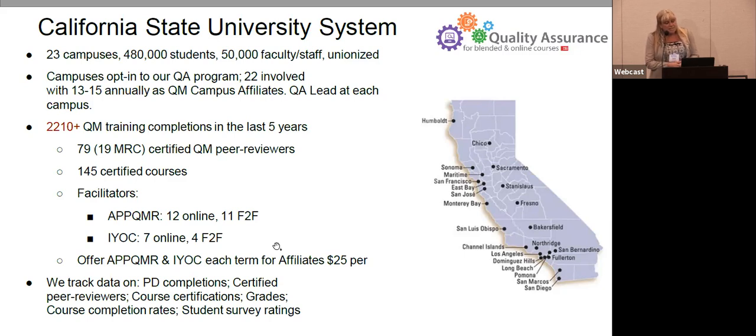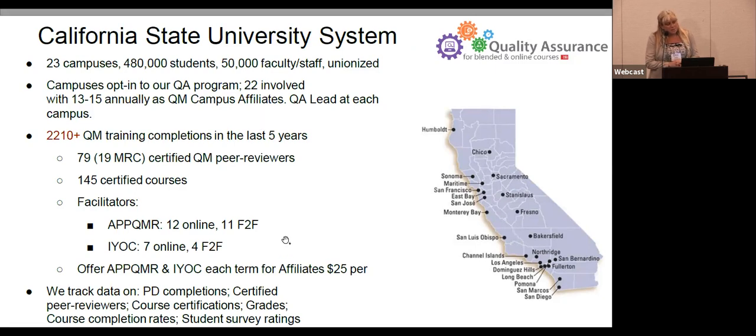As far as our quality assurance program, it really is an opt-in service. So campuses can opt in and participate as they like. Out of the 23 campuses, we actually have 22 that are involved annually. So we just have one that opts not to participate.